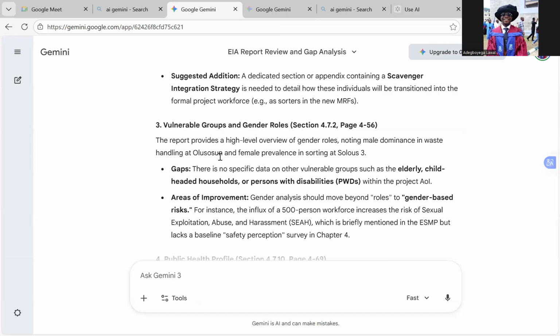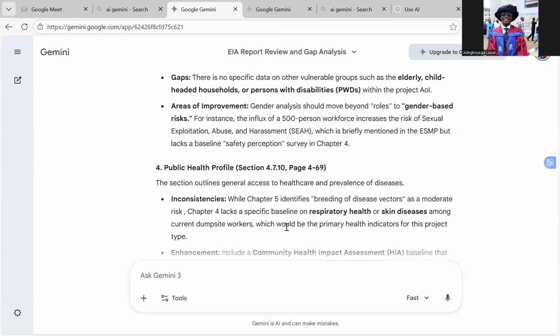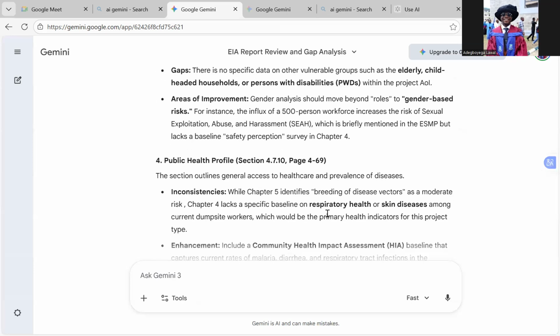We need to take cognizance of vulnerable people, people with disabilities within the area of influence, and ensure that gender-based risks are taken into consideration. For instance, an inflow of 500 people increases risk of sexual exploitation and abuse. So these are areas that should be taken very, very seriously in the report.